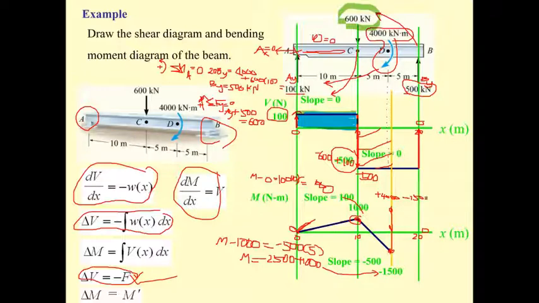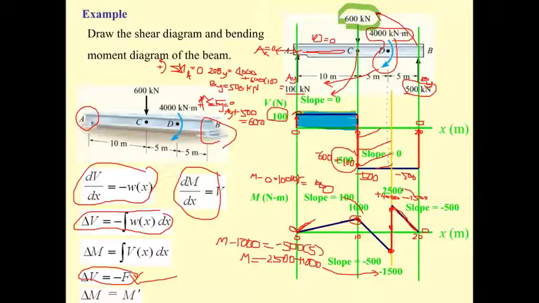So it's going to be what? Plus 2,500. So this is going to be 2,500. And then again, the slope here is going to be minus 500 here.